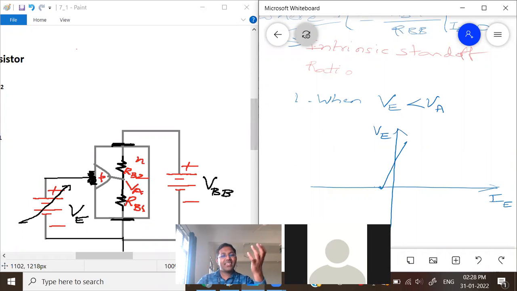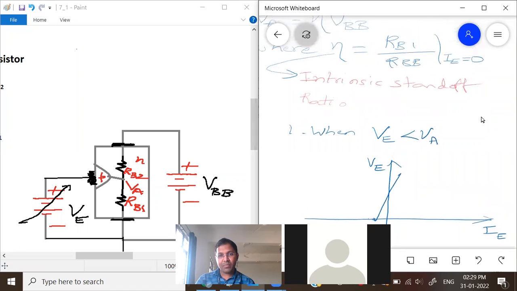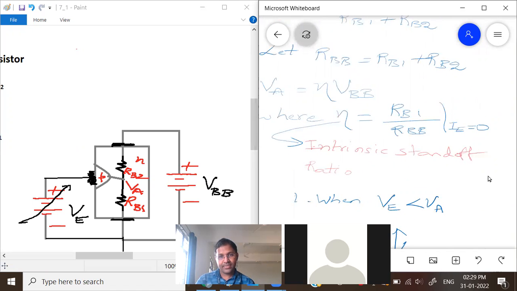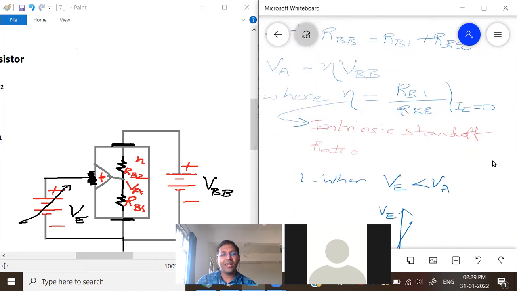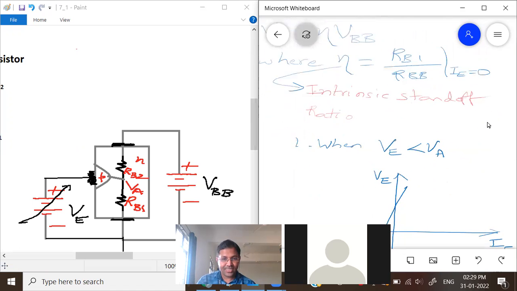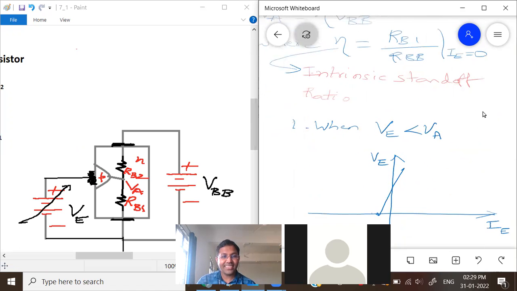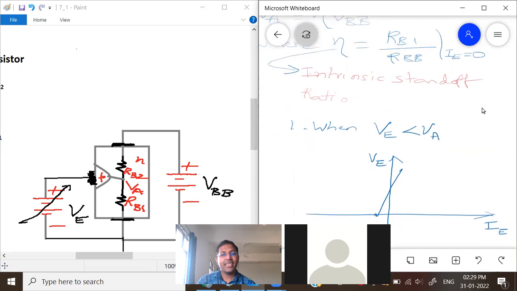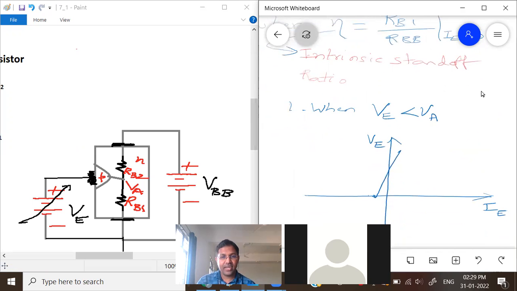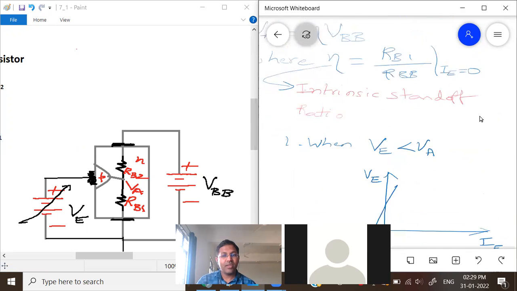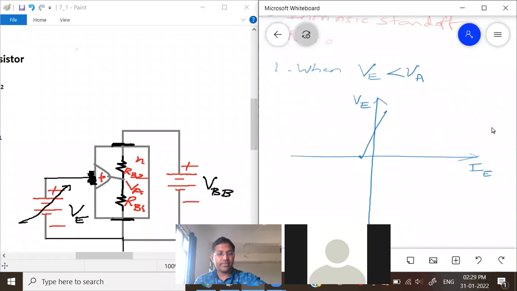The more the charge carriers, the more the current and the less the resistance. So RB1 will start to reduce. When RB1 reduces, what happens as a result? The characteristics that we get will be like this.